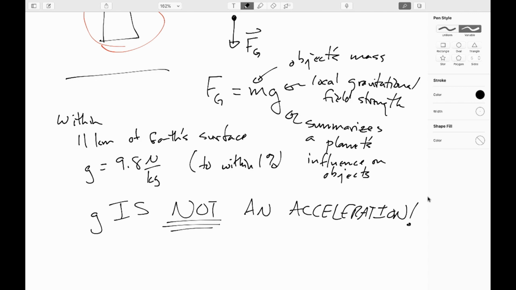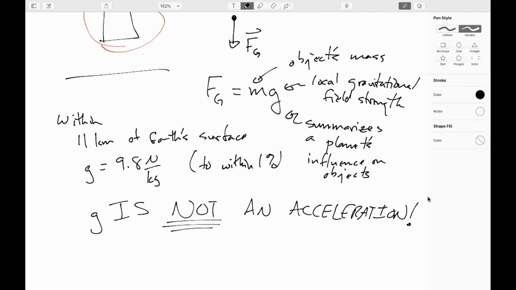You get up to where communication satellites are in orbit, it's a little over 0.2 newtons per kilogram. So it's a lot weaker up at those altitudes. It also depends what planetary body you're talking about. So for instance, if you're on the surface of the moon, the value for little g is about 1/6 what it is here on the surface of the Earth.